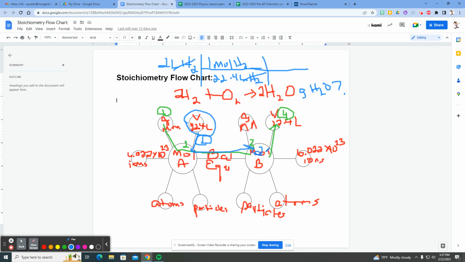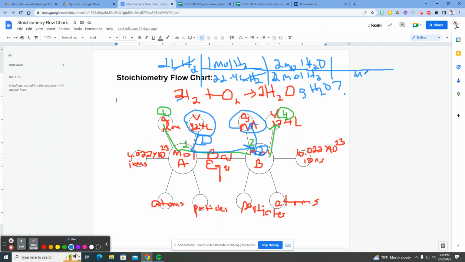That's going to be my step 2, using the balanced chemical equation. The balanced chemical equation says that for every 2 moles of H2, I have 2 moles of H2O.